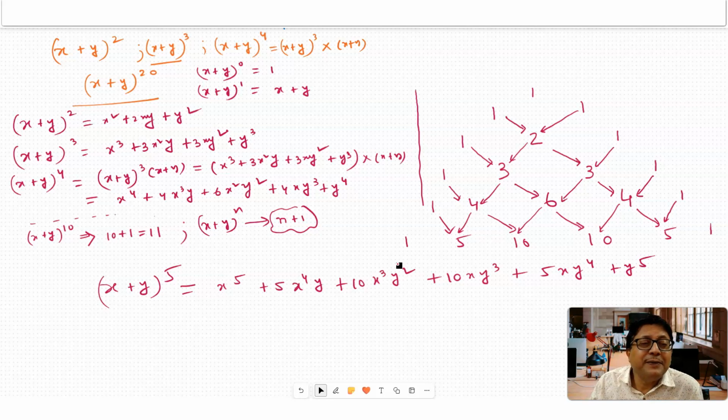And this is really the expansion of x plus y to the power 5.